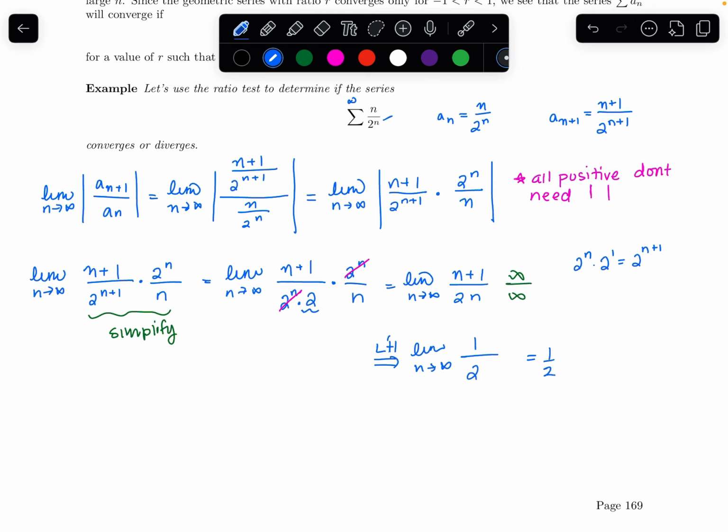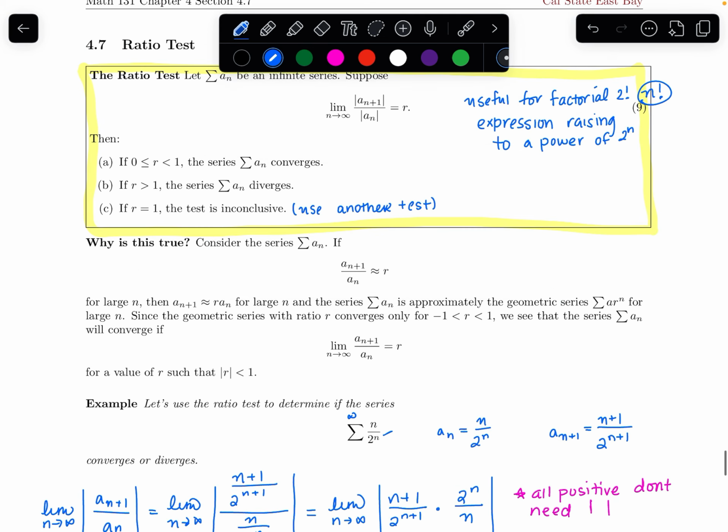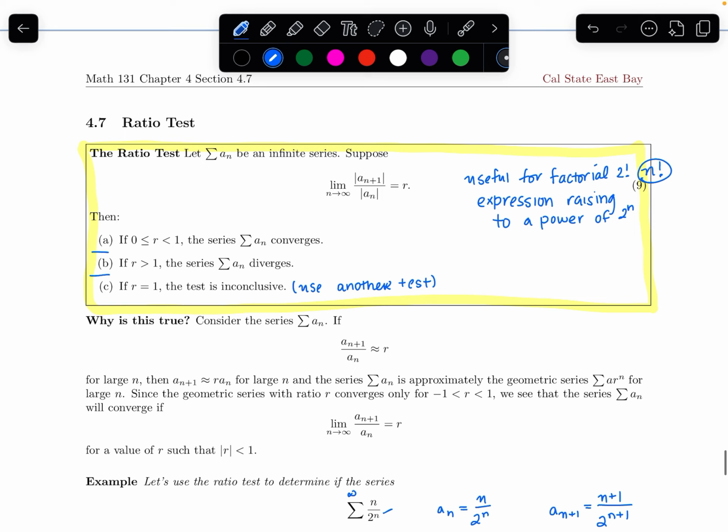Remember, this is our R value, right? So here we have R equal to a half. And this is where you jump back up to your test and figure out which case this is. So here's my R value. Is it case A, B, or C?